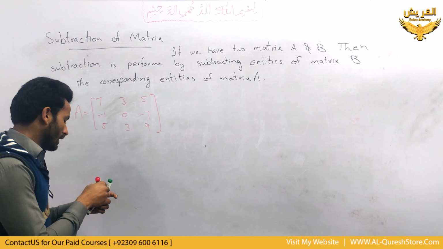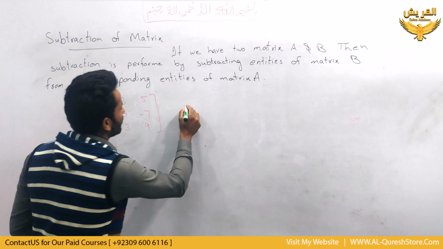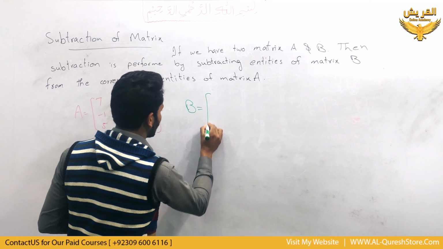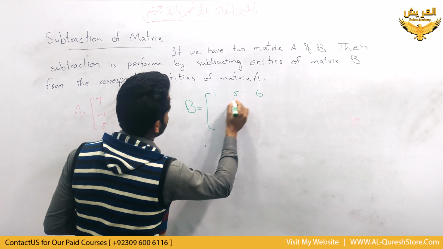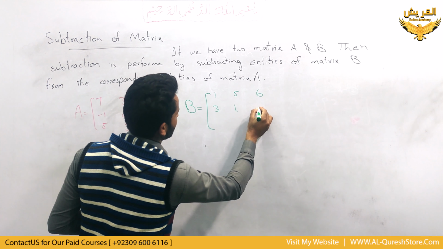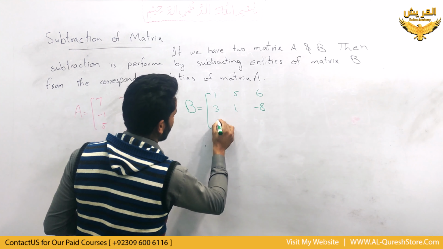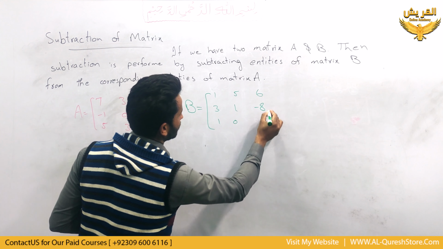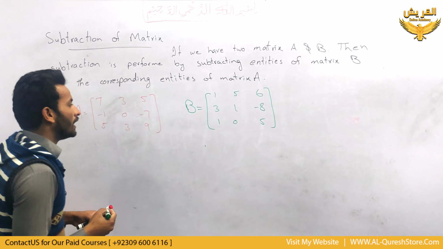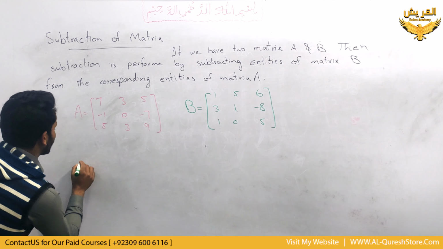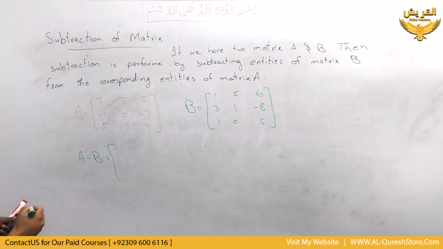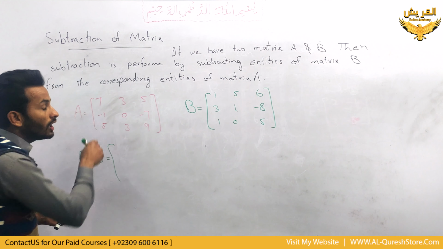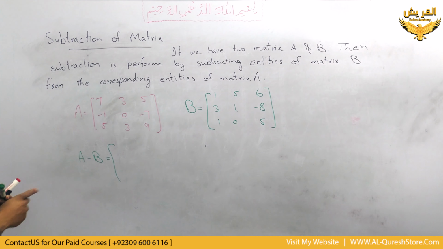In matrix B, we have entities B equal to 1, 5, 6, 3, 1, minus 8, 1, 0, 5. We can find A minus B by subtracting entities of B from the corresponding entities of matrix A.